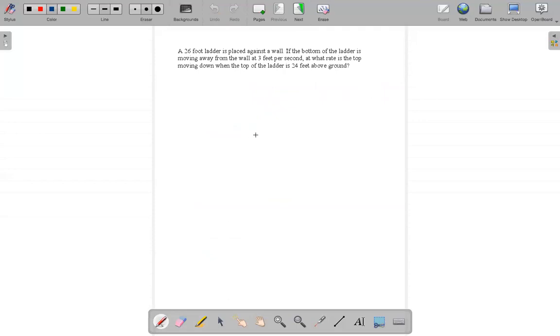All right, so let's try to understand what this problem is saying first. It says that a 26 foot ladder is placed against a wall. So let's say there is a wall, which will be in the vertical direction, obviously, right?